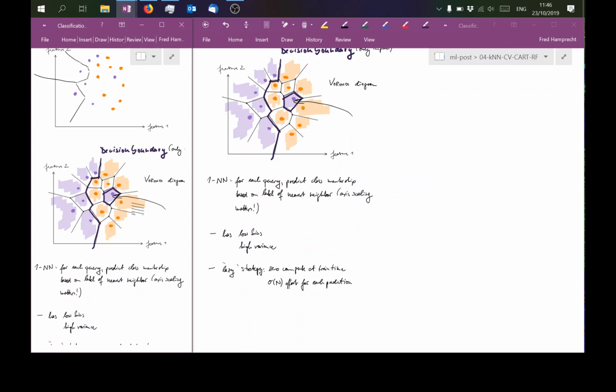And if you say that, then what you really propose is doing a density estimate, let's say a density estimate for the orange class and a density estimate for the purple class, and then looking at the relative strength of those two density estimates. Yeah, and that is a valid proposal. Your answer is completely correct.